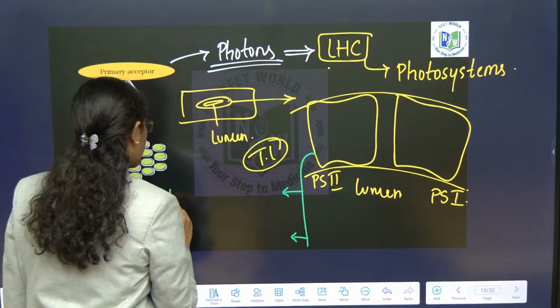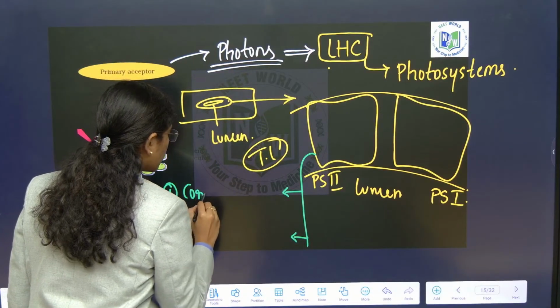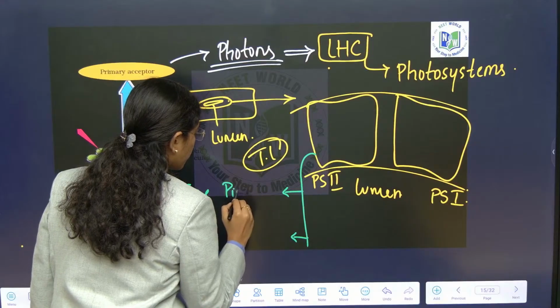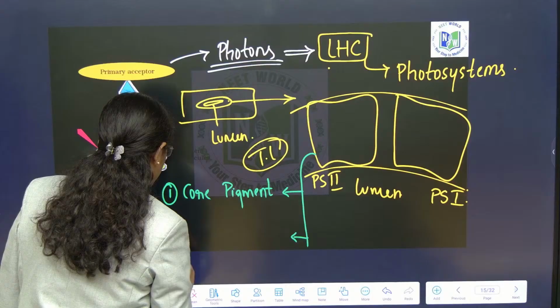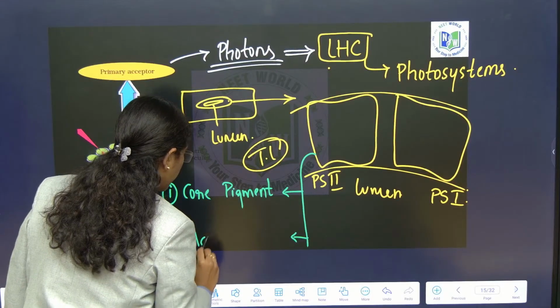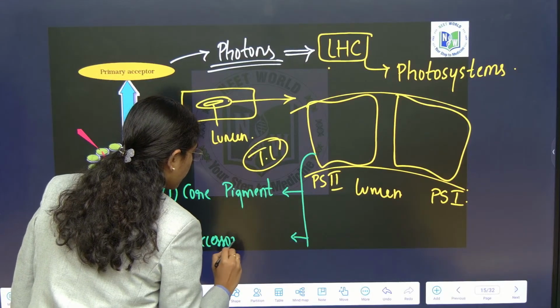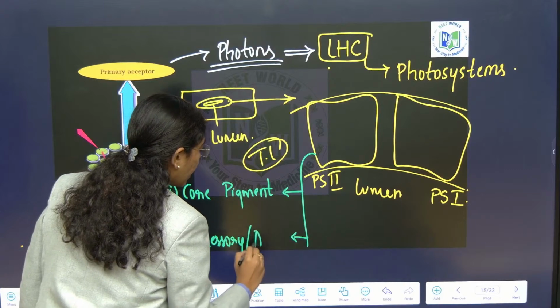One is the core pigment and the second is accessory or antenna pigments.